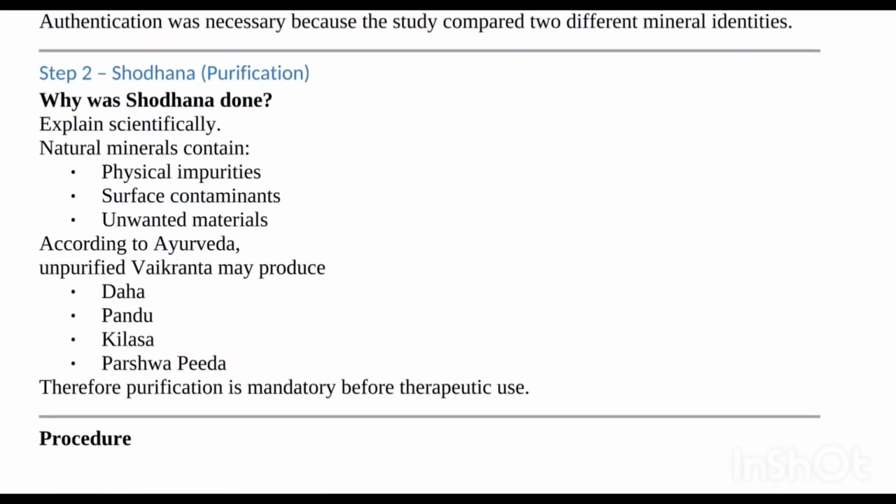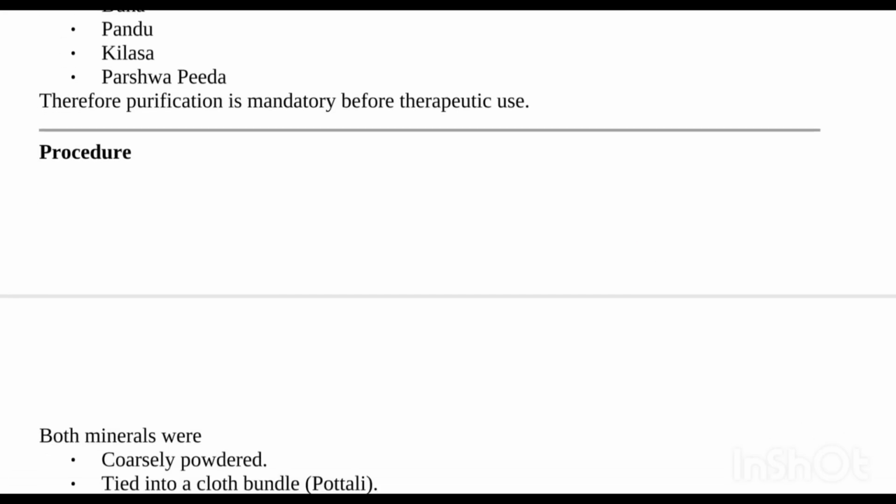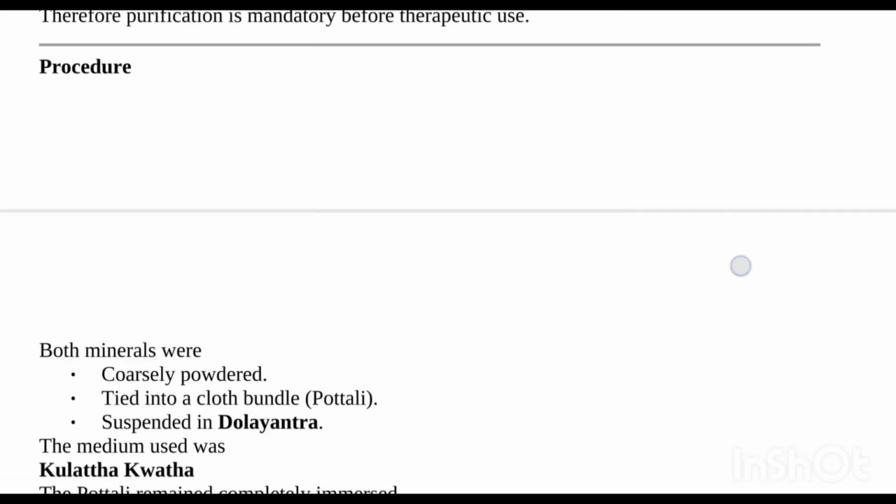So the second step is Shodhana. Natural minerals contain physical impurities, surface contaminants, and unwanted materials. According to Ayurveda, unpurified Vaikrant may produce daha, pandu, kilas, and parshwashula. Therefore, purification is mandatory before therapeutic use.